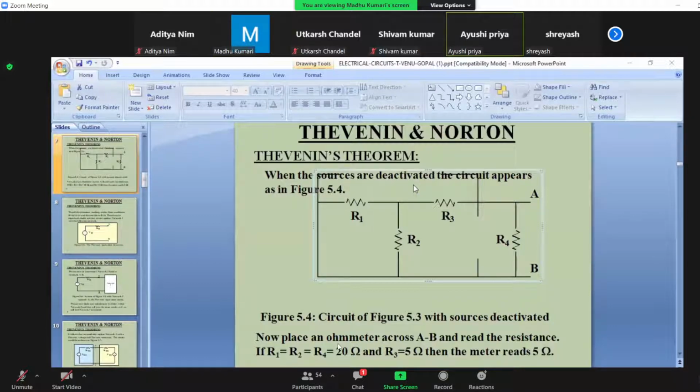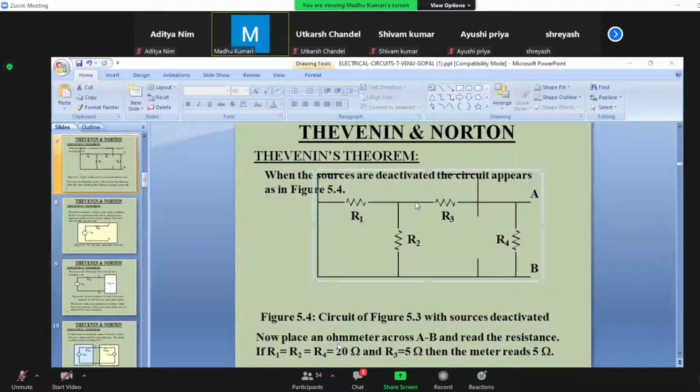Ma'am, R Thevenin is R net? R equivalent, that is not R net. R net is a different term and R equivalent is a different term. Here R net is not used.